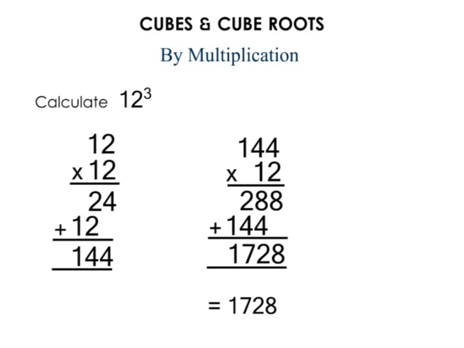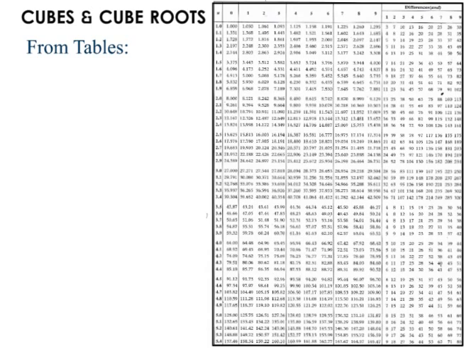But this multiplication is long, tedious and time consuming. In modern mathematics, we use mathematical tables. Mathematical tables of cubes of numbers look similar to those of squares, and we read the tables the same way we did with squares and square roots. For example, the cube of 3.353. 3.3 is here. We go to the column of 5, they coincide here.